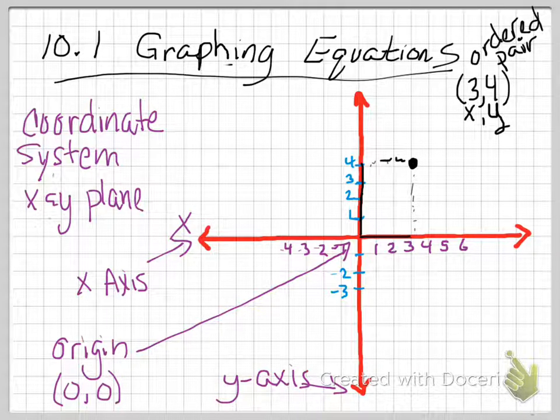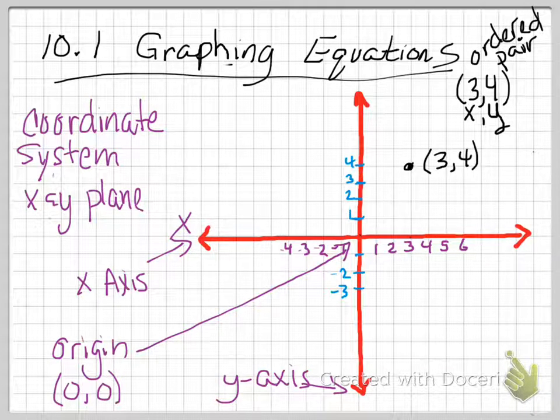So the ordered pair 3, 4 is a spot right here at this crisscross.